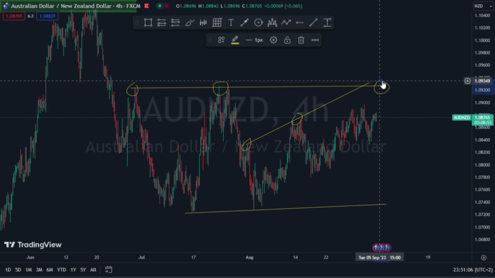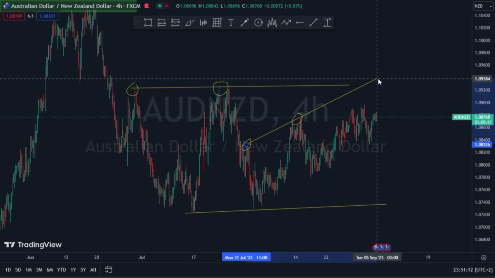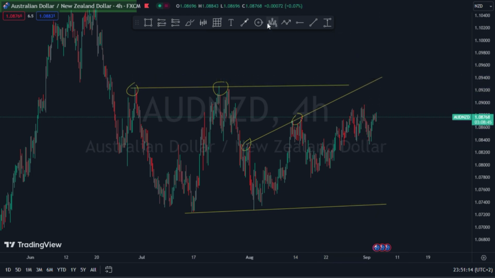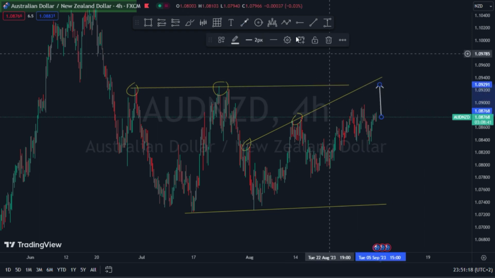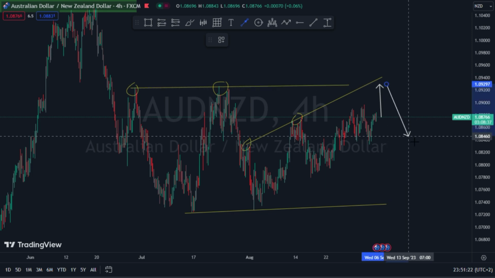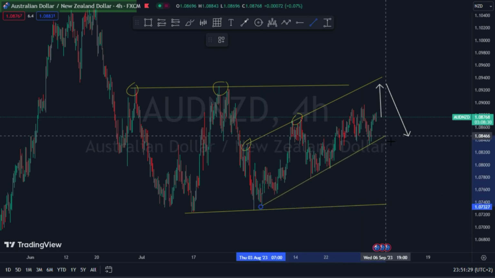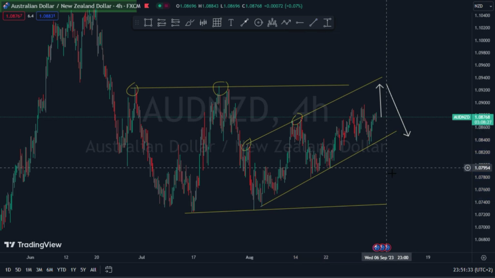So now I'm going to wait for the market to reach this area right here for me to enter the market, right? I'm going to wait for the market to at least reach this area before I enter the market to push it to the downside, because I can already see that this is a pattern within a pattern, and this pattern is representing a continuation pattern to the downside.